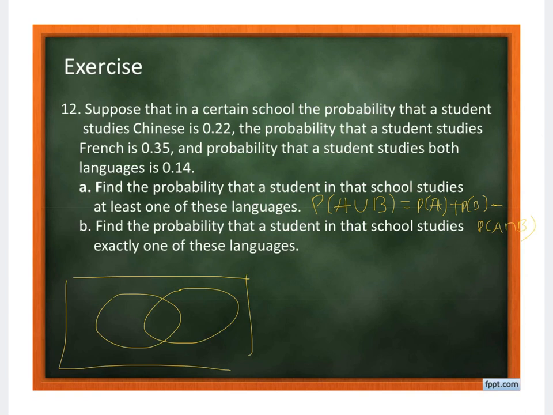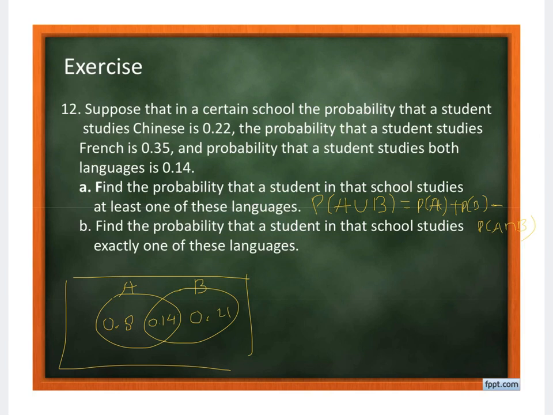A is for Chinese, B is for French. Studying both is 0.14. Studying Chinese 0.22 minus 0.14 is 0.08. Studying French 0.35 minus 0.14 is 0.21.